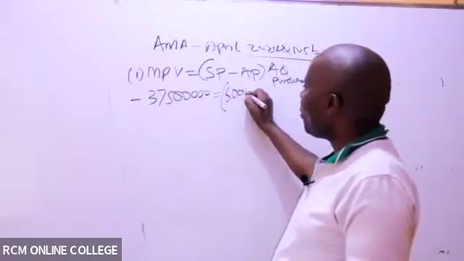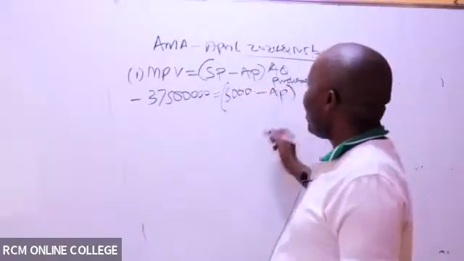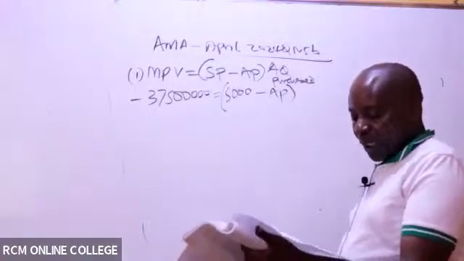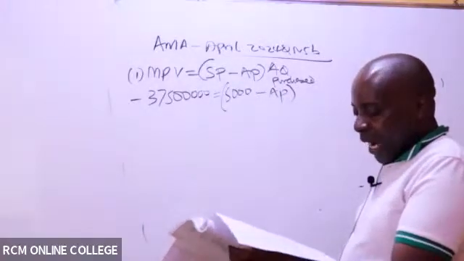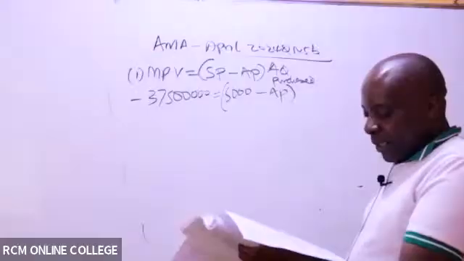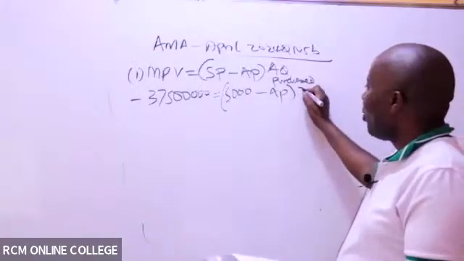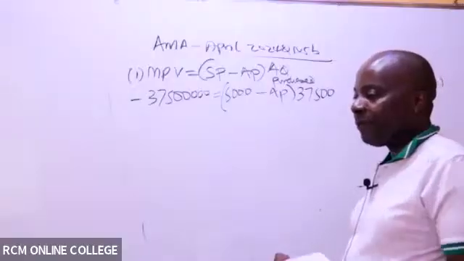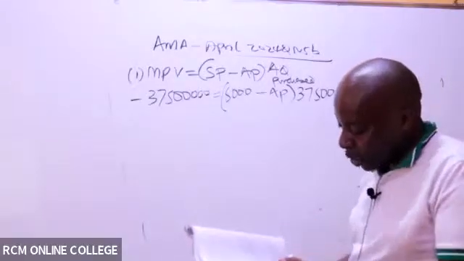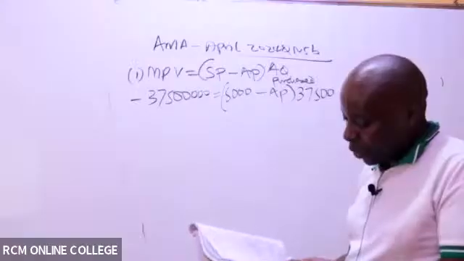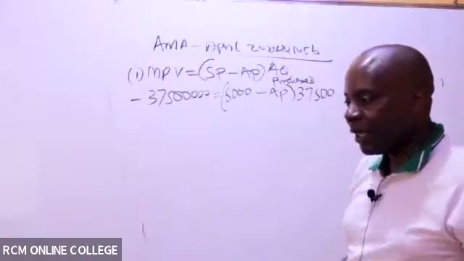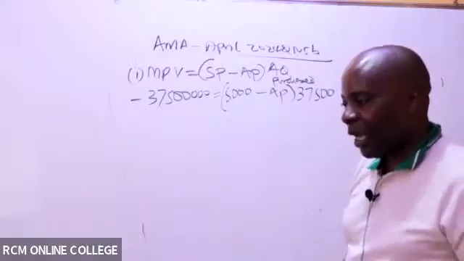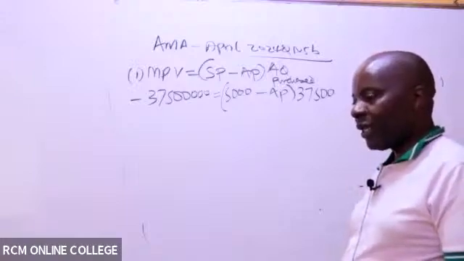So the standard price is 5,000. The actual price has not been given, but fortunately, they gave us the actual quantity of materials purchased. Are you able to see from note number 2 that the actual direct materials purchased were 37,500?